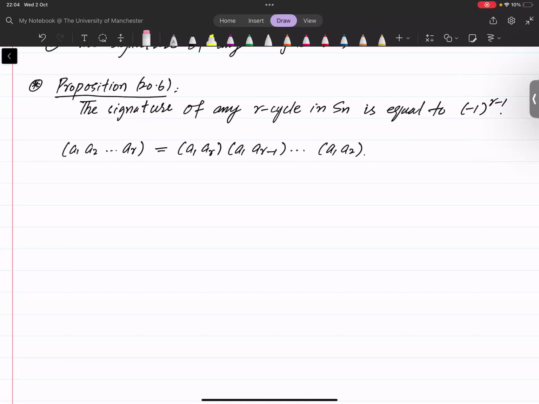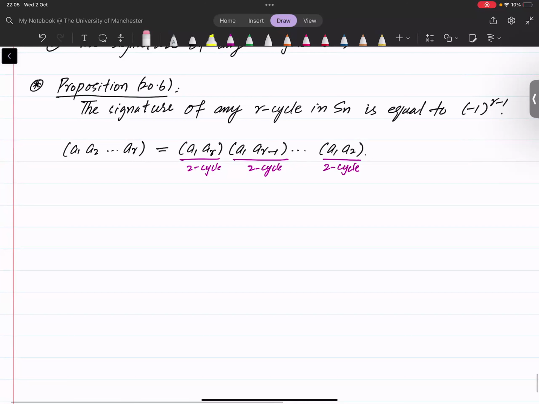So all these are two-cycles. So you just need to multiply their signs, and you will have the sign for the r-cycle.